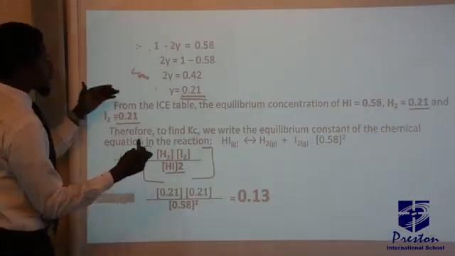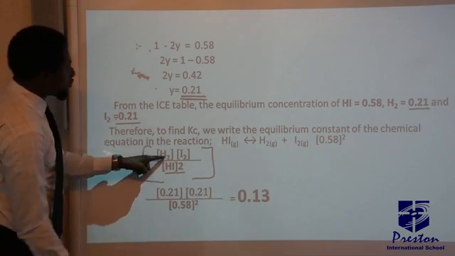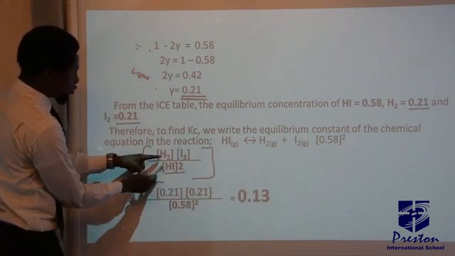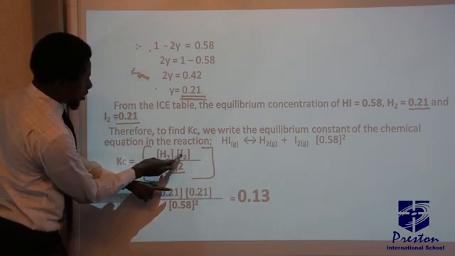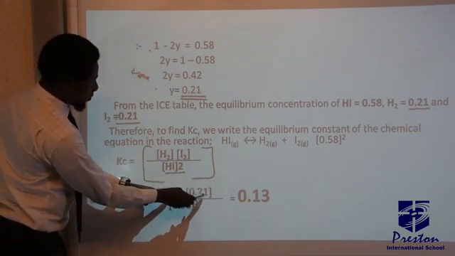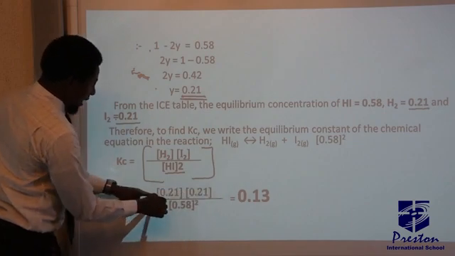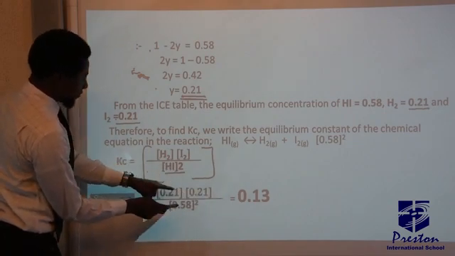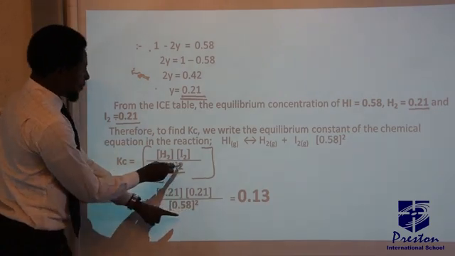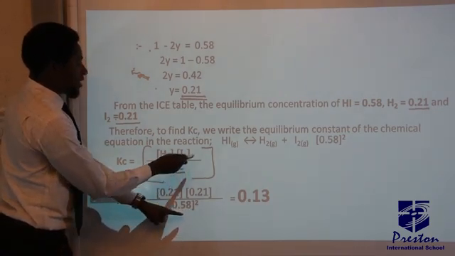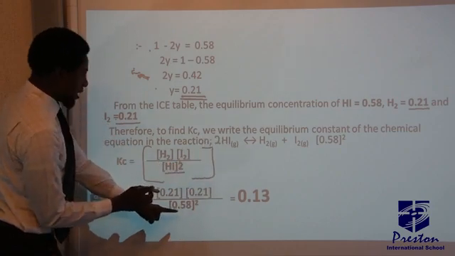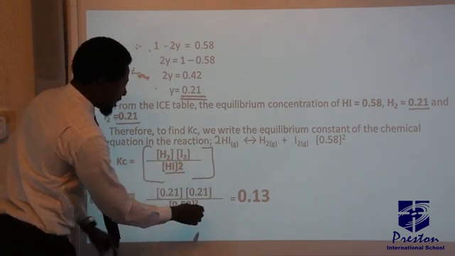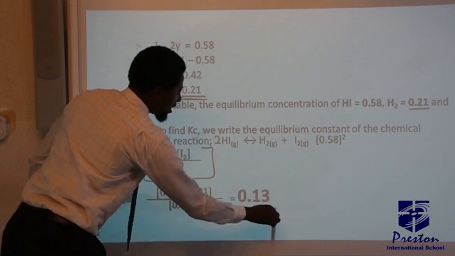All we need to do is start substituting. Our H2 is y, that is 0.21. That's where we got this 0.21. Our I2 is also y, that's 0.21. Then divided by, what is our HI? That's 0.58. But don't forget you are going to square it because of this number of mole here. That's 2HI. So, you square this, then if you solve this, it will at the end of the day give you 0.13.